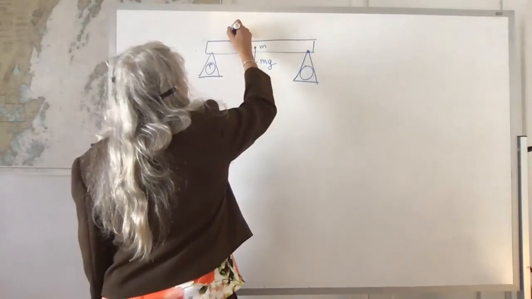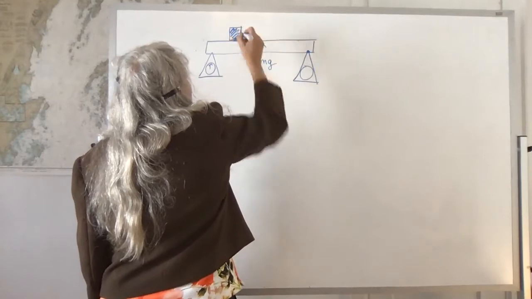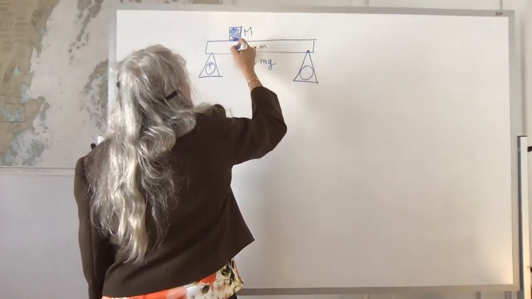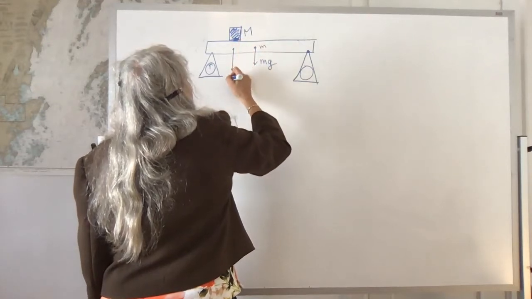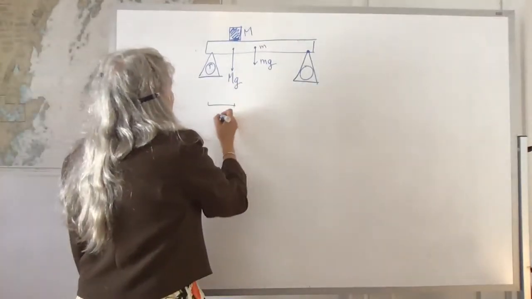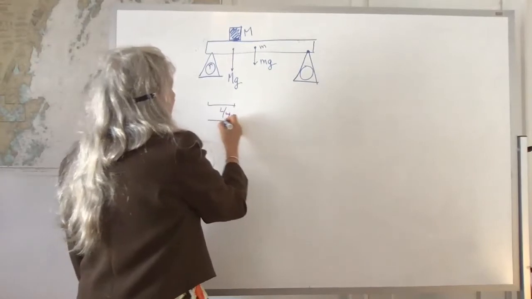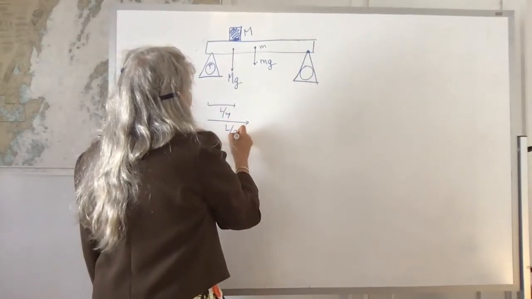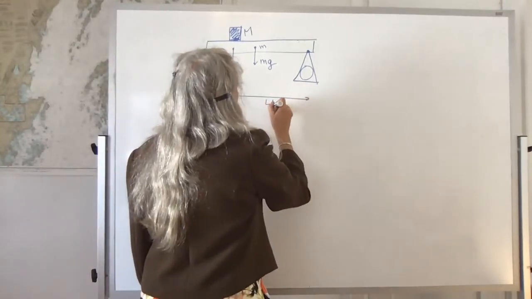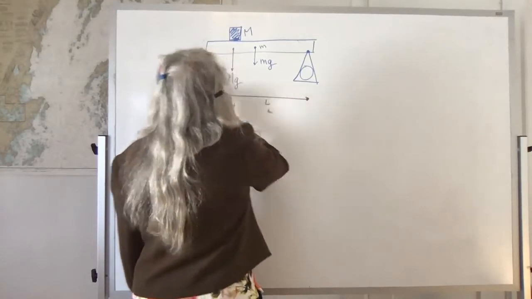Then I'm going to put a weight on top of the board. This has mass big M, so it's exerting a weight Mg on the board. We'll put the position of this at L over 4 from the end. The distance to the center of mass will be L over 2, and the length of the board will be L, just L. That's the length of the board.